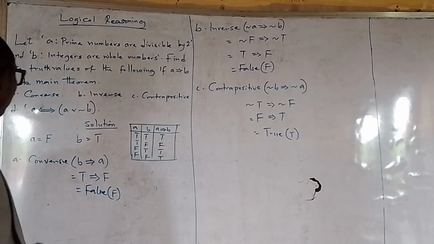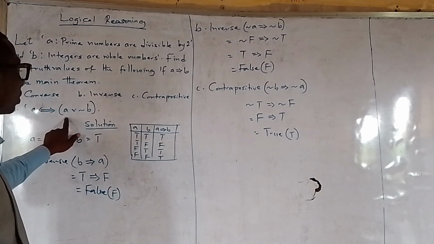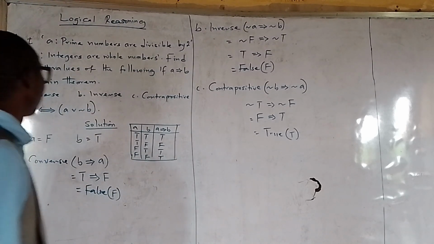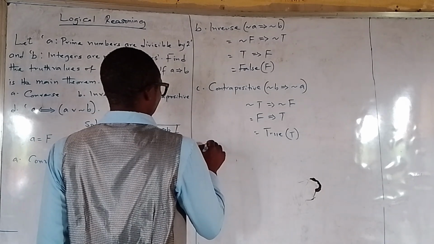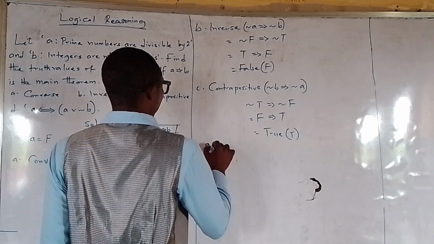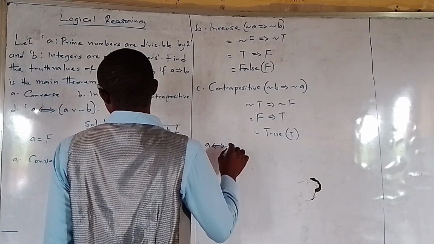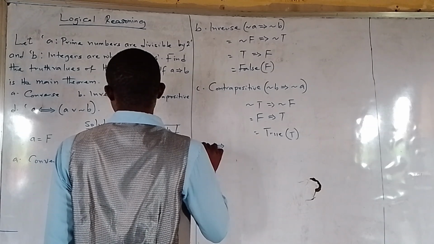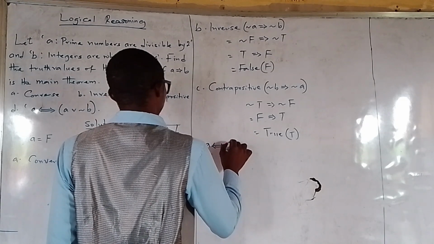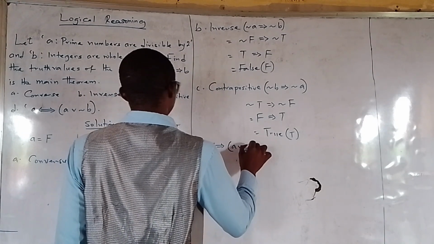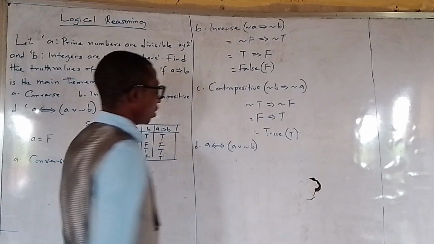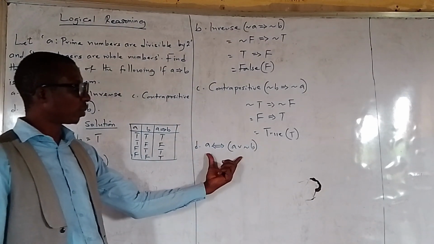Now, the last one is this. We have a biconditional: A biconditional A or negation of B. Okay, to do this, let's just substitute.